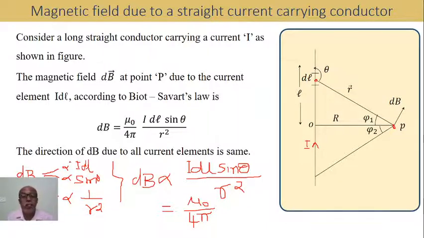The direction of dB is the same for all the current elements. This straight infinitely long conductor consists of a number of current elements, and due to all of them the direction of dB remains the same, along the direction shown in the figure.